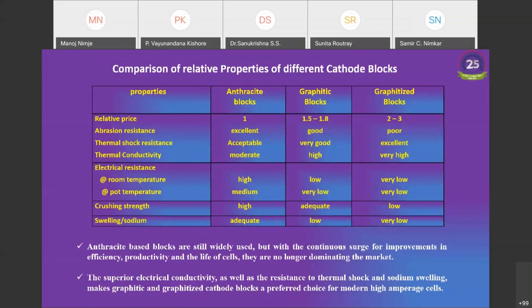Even though anthracite-based blocks are inferior to graphite blocks, they are still widely used due to their lower cost, but with the continuous search for improvement in efficiency, productivity, and the life of the cell, they are no longer dominating the market. The superior electrical conductivity as well as the resistance to thermal shock and sodium swelling makes the graphitic and graphite carbon cathode blocks a preferred choice of modern high amperage cells.